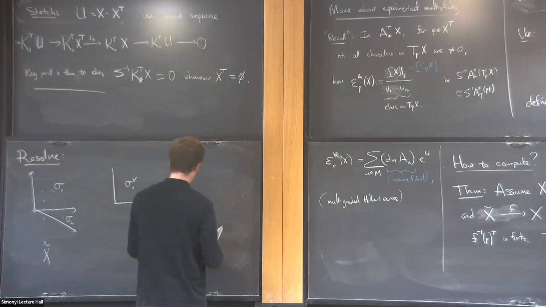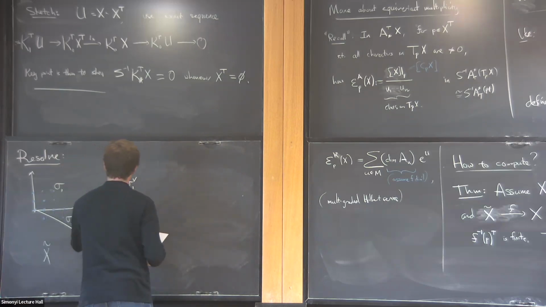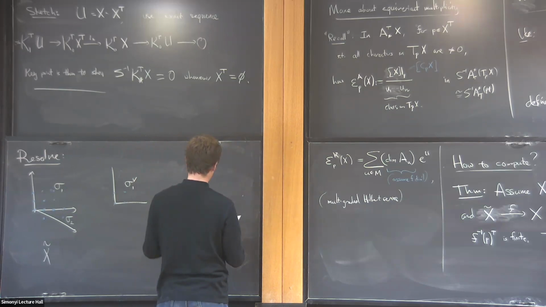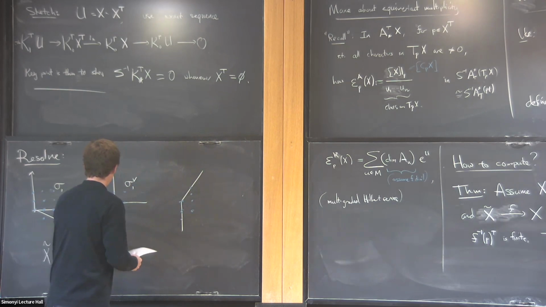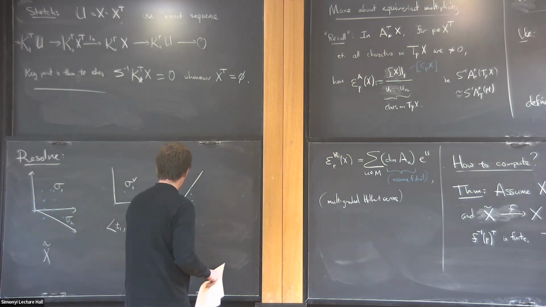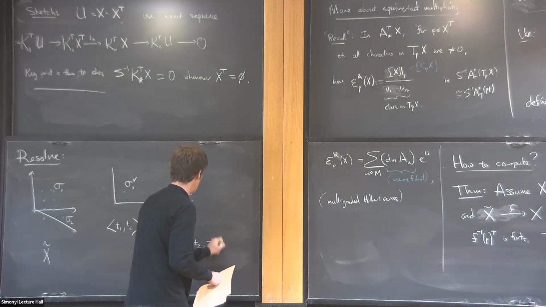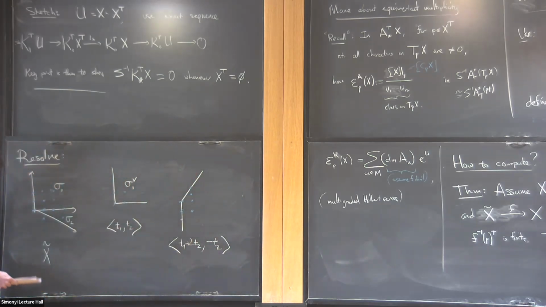Okay, that one's pretty easy. Here's the lattice, and the other one. This one is generated by T1 and T2, and this one is generated by T1 plus 2 T2 and minus T2. So these are both smooth cones.